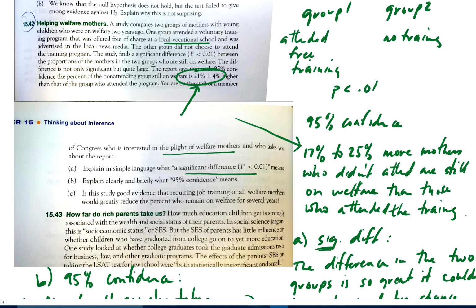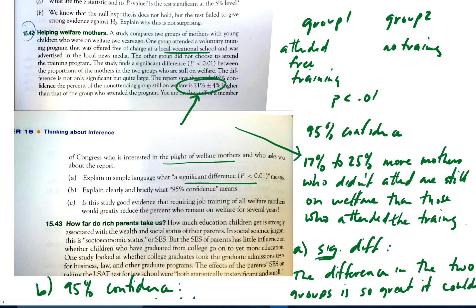Well, assuming there were no other big things going on, and assuming these groups were randomly selected to go into these two options, then yeah, we could assume that this would reduce the amount who remain on welfare.